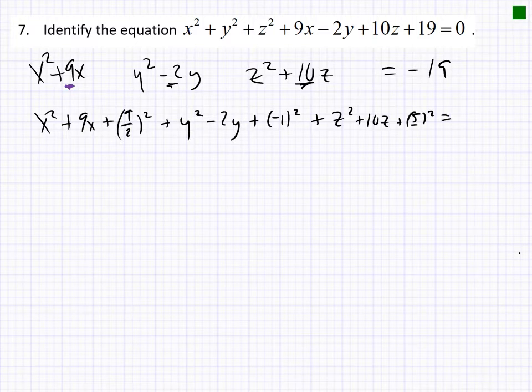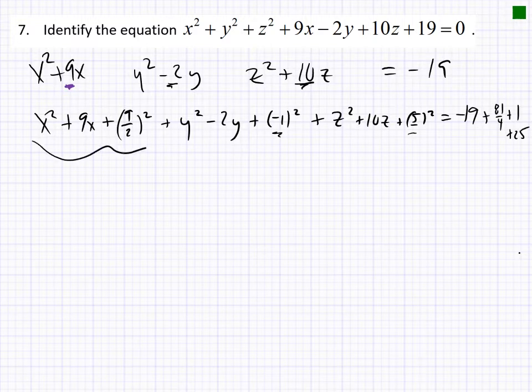Now what we just did is we added 9 halves squared, negative 1 squared, and 5 squared, so we're going to add that to the other side. So we have this negative 19. We're going to add 81 over 4, we're going to add a 1, and then we're going to add a 25.